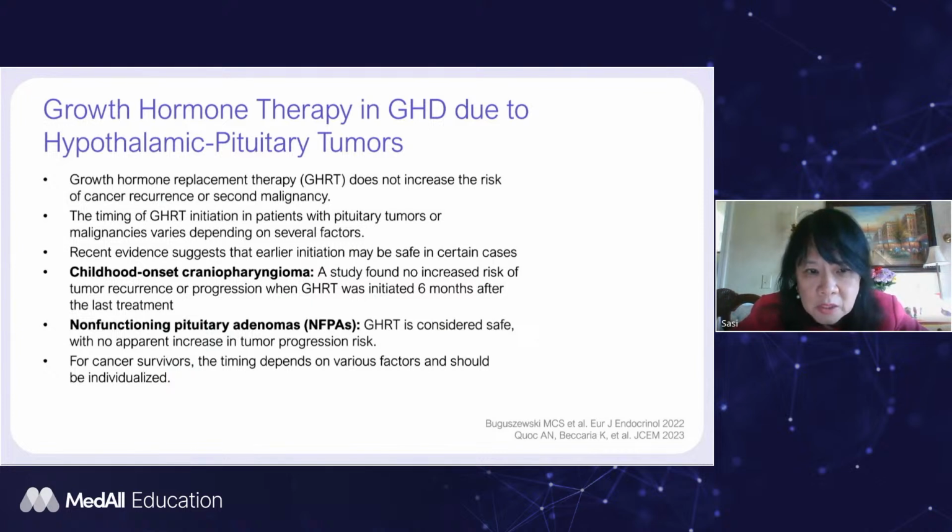For non-functioning pituitary adenoma, it is considered safe to start growth hormone, with no risk of tumor progression. For other cancer survivors, the timing of growth hormone therapy depends on each case, and we need to assess many factors. But the key is that we want to make sure the tumor or cancer is not active and is well controlled in remission.